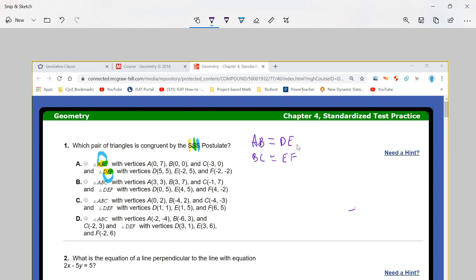And then we would go back A to C, see the blue, is equal to D to F. So what I have to do just to test A is I have to do the distance formula, let's see, 1, 2, 3, 4, 5, 6 times. So I'm just doing the distance formula 6 separate times for one problem that may or may not be right. And what I need to do is I've got to check this one 6 times, and I've got to check this one 6 times.